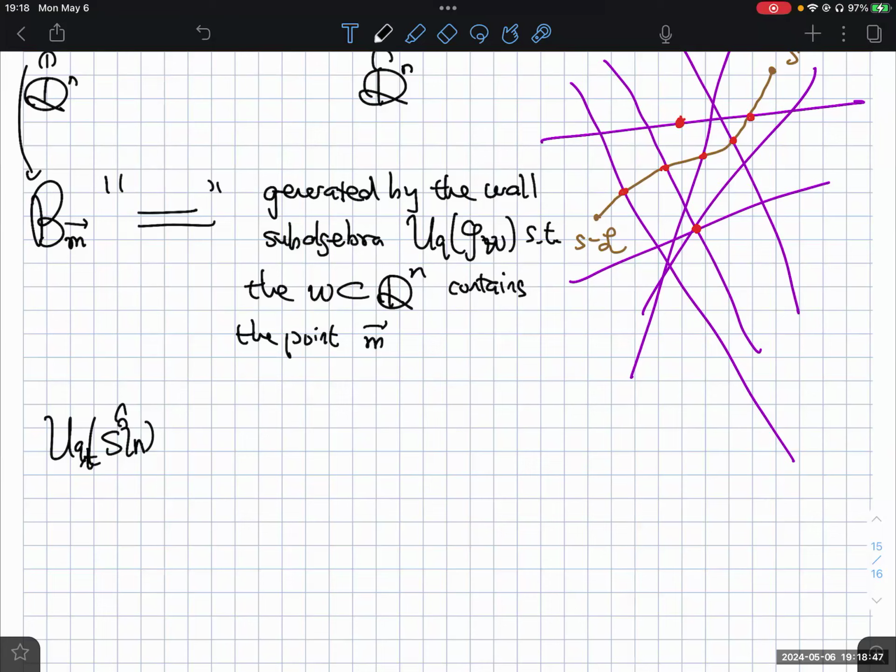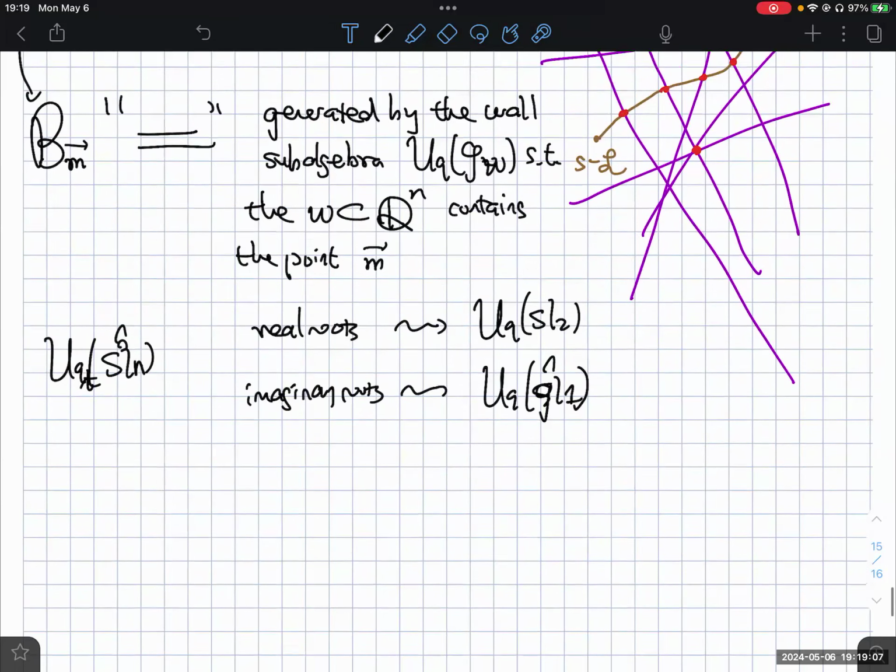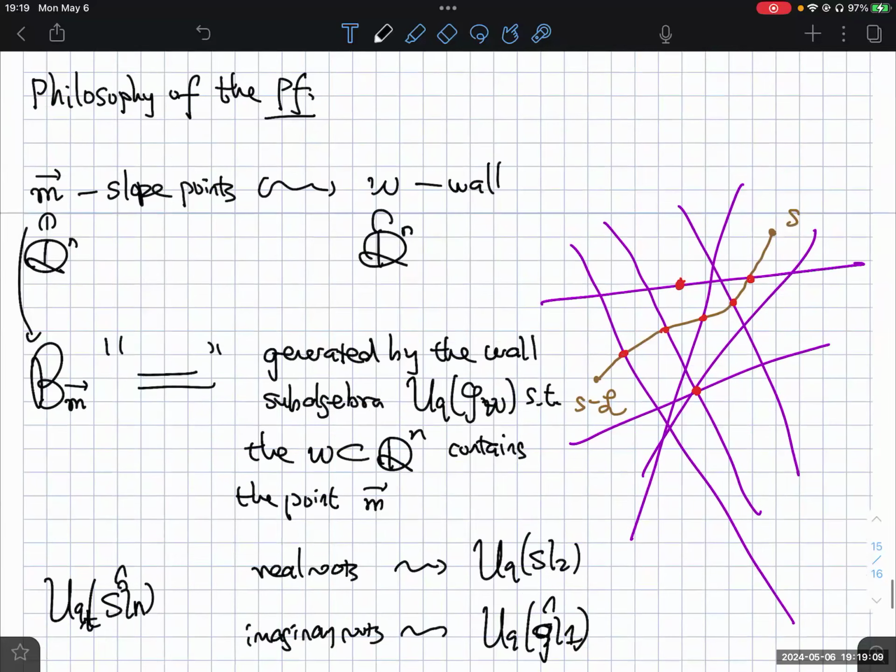One is the real roots, and one is the imaginary roots. In this case, the real root just corresponds to the UPSR2, and the imaginary root just corresponds to the GL1. And so these are the basic philosophy.